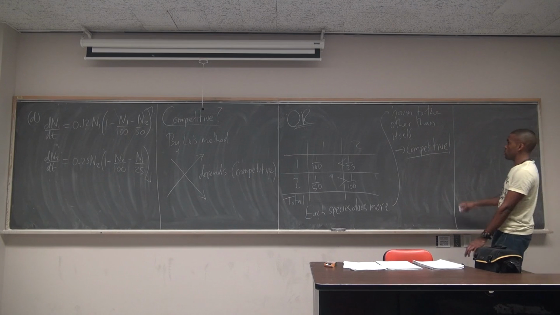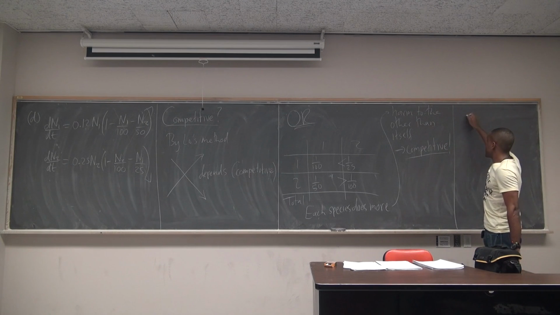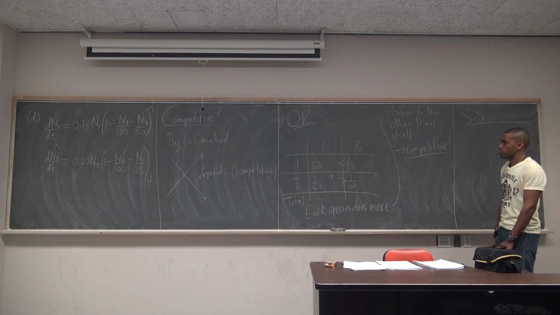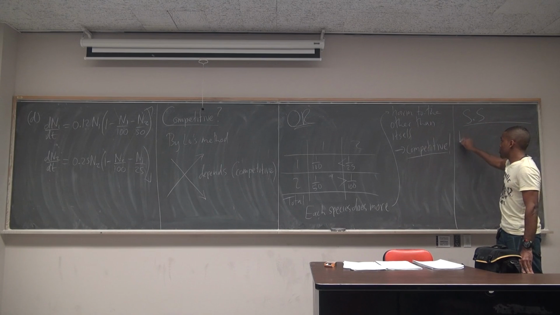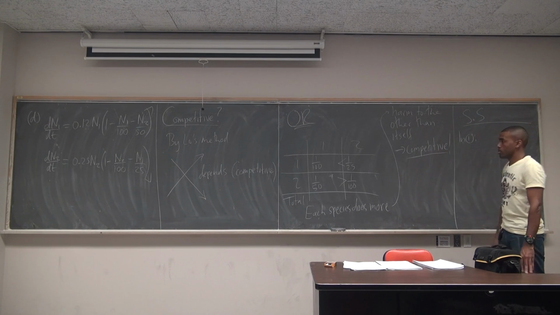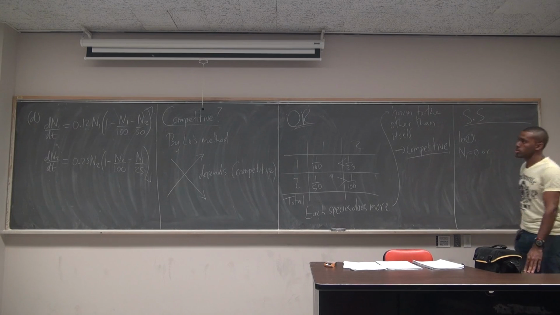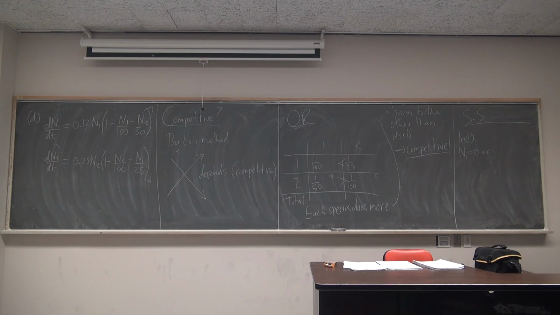Let's talk about qualitative analysis. So we're going to find the steady states. Basically in equation 1, what do we do? Set it equal to 0, or 1 minus n1 over 100 minus n2 over 50 equals 0.